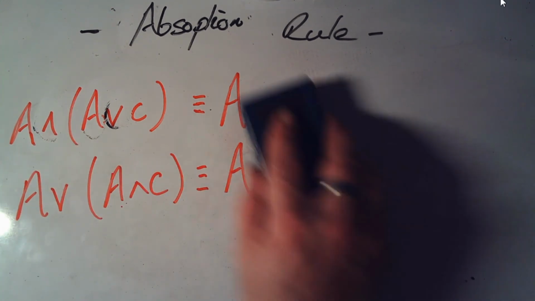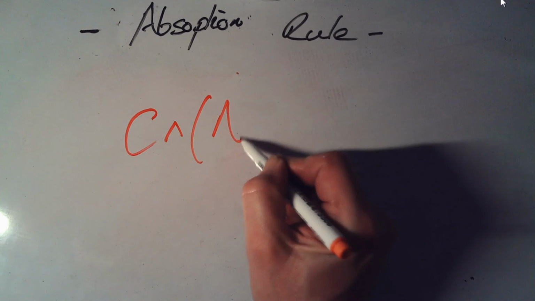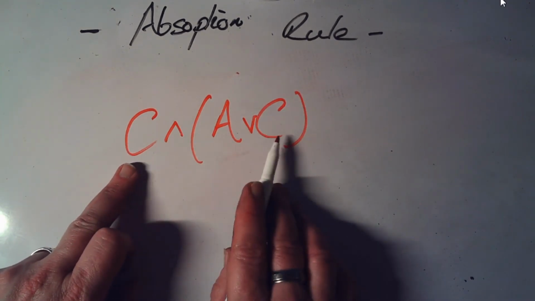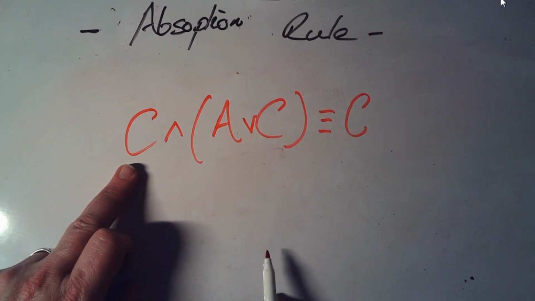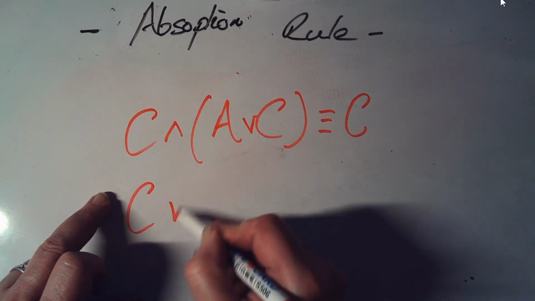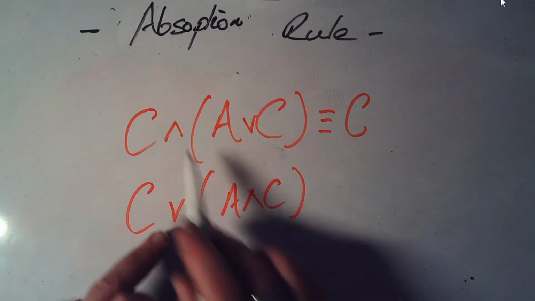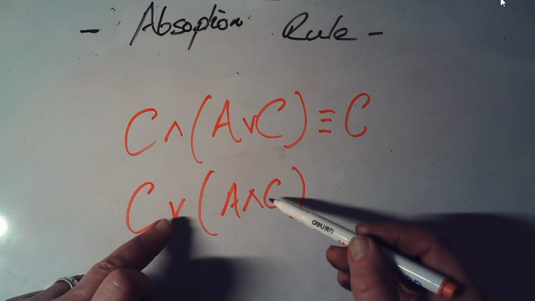Let me give you another example where we could apply the special absorption rule version of the distribution rule. If I had, for example, C and then A or C, this is our term that's both outside and inside the bracket, so it is logically equivalent to simply C. Likewise, if I had C or A and C, exactly the same, as long as the operators are opposite in each of our examples.